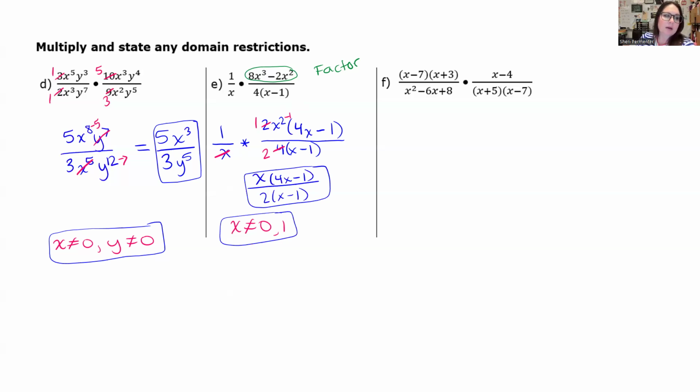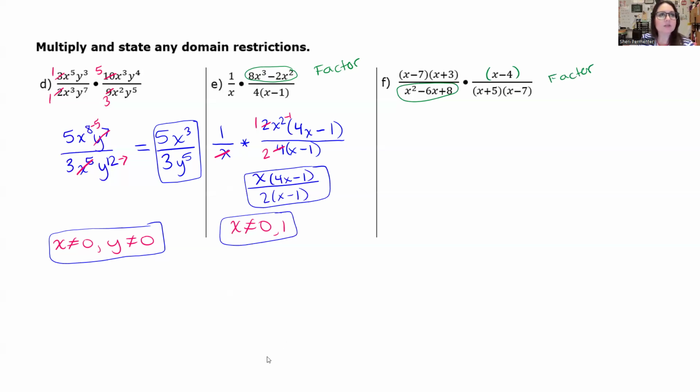The next problem, I have to also make sure that I have fully factored. And here I'm factored, and here I'm factored, and here I'm factored. And if you want to put parentheses around that factor, you can. But right here, I have to factor this first. So I'm going to factor this.